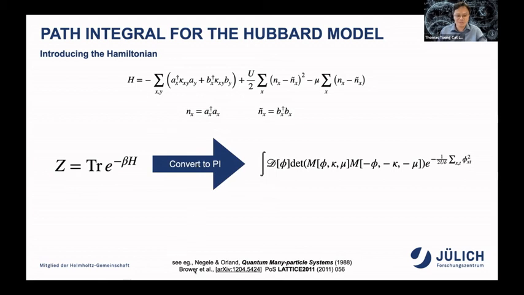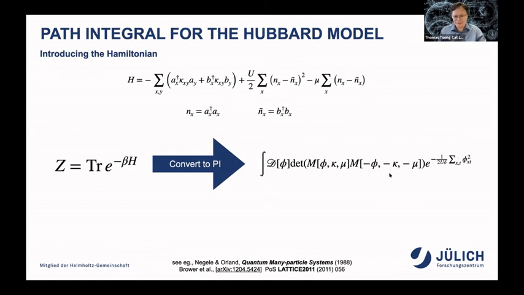You can look at some of these references here to figure out how to do that, but it's relatively straightforward to convert the partition function into a functional integral over some auxiliary field phi, where the kernel of that integration has a Gaussian in phi squared, the auxiliary field.